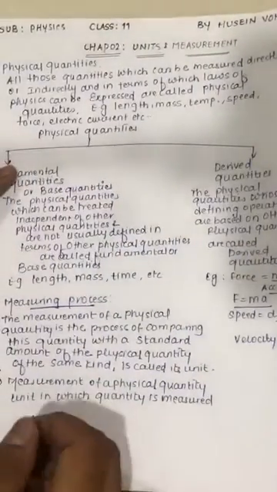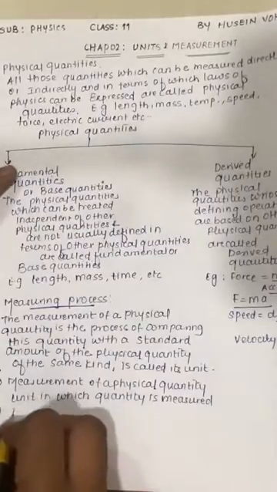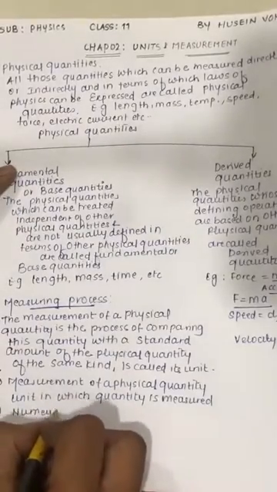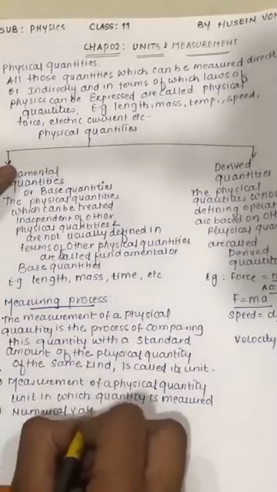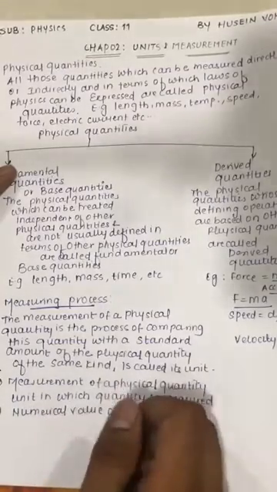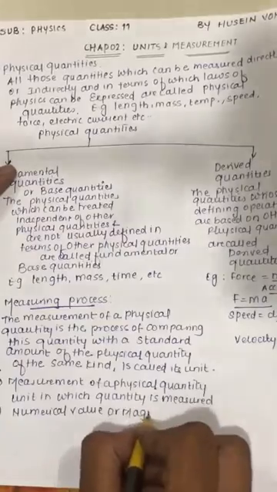And the second thing is the numerical value or magnitude of the quantity.